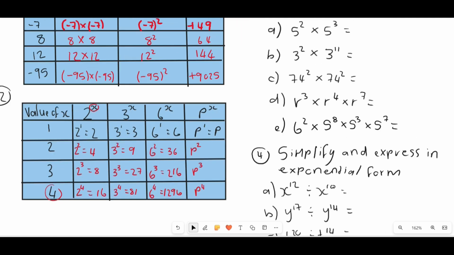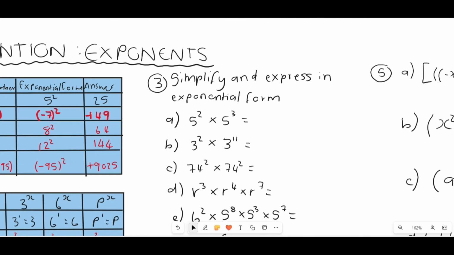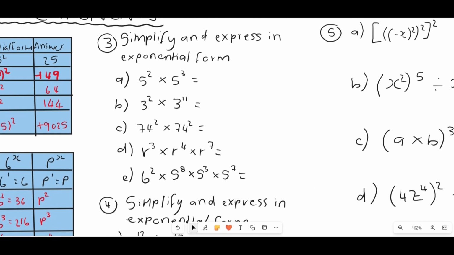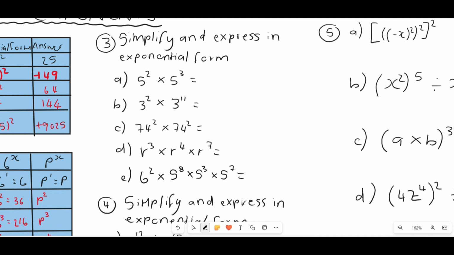Okay, now that the tables are done, we can start moving on to question number 3, which is quite easy. We actually have done it in class. So when I have the same base number multiplied by each other, we can add our exponents. So this will then become 5 to the power of 2 plus 3, turning into 5 to the power of 5.